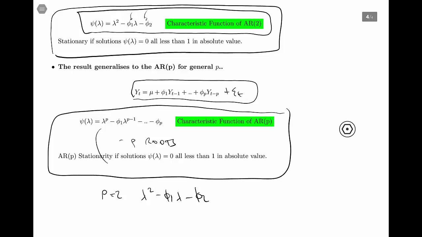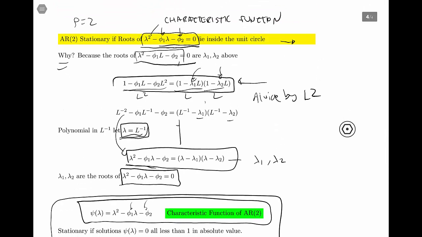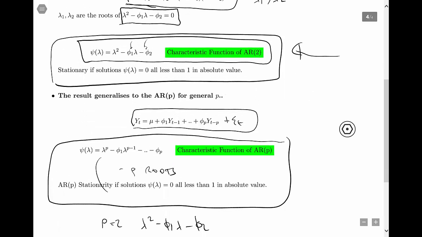From there, we saw how we could express more complex systems in their lag operator form and use this property to see when a process is going to be stationary, and we did that for an AR2. We gave the general condition for when an AR2 is going to be stationary, and then generalized it for general p.